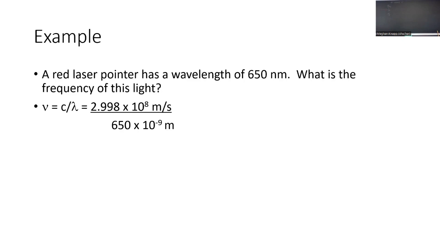However, remember from the ideal gas law, if I had both pressure and volume on the bottom, I can't say divided by pressure times volume because my calculator isn't going to know that that's on the bottom of a fraction. So I either have to put all of this in parentheses and say divided by all of that, or I need to say divided by 650 divided by 10 to the -9.